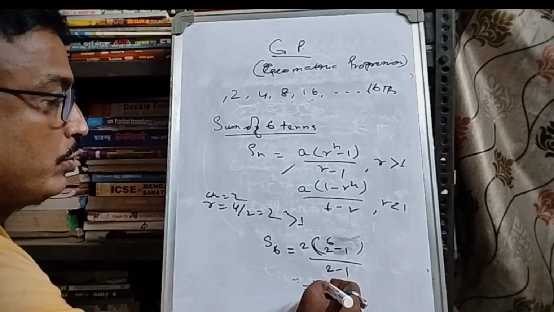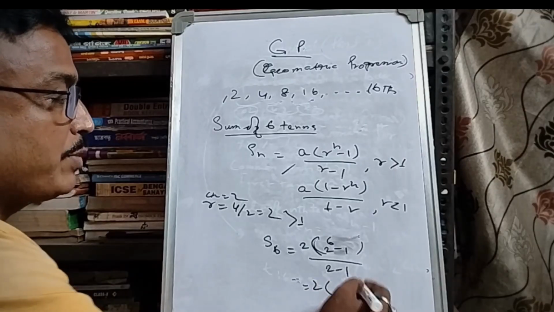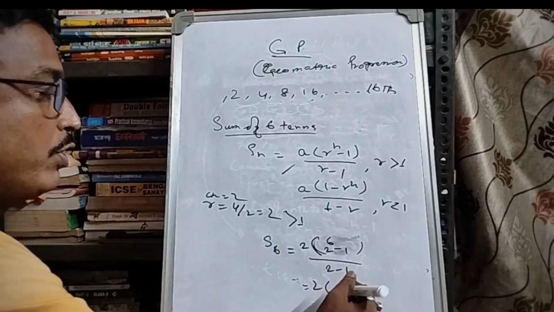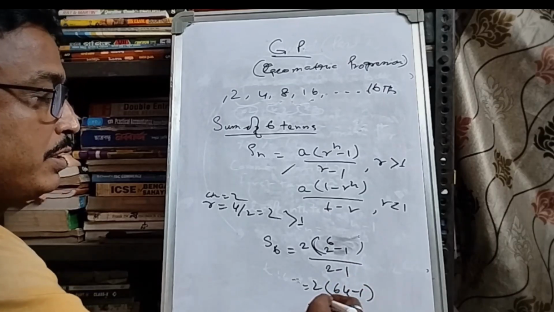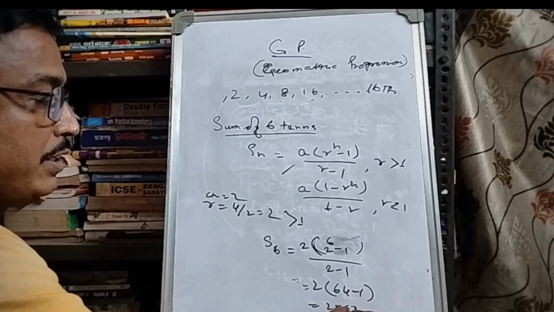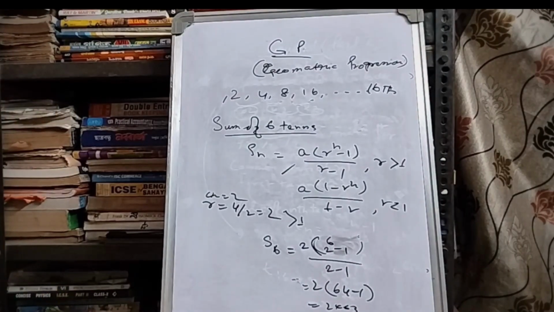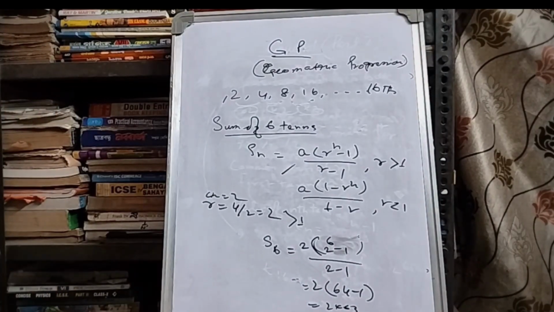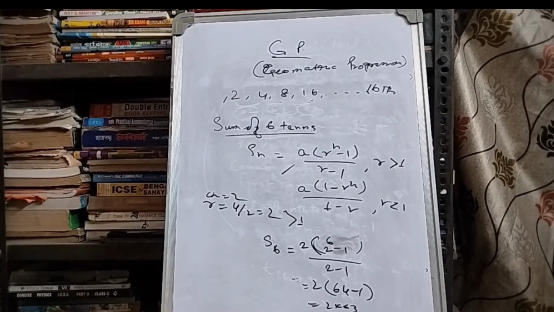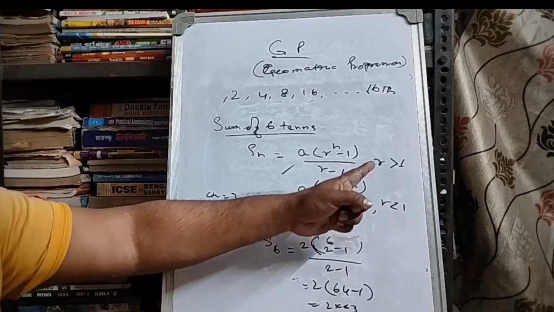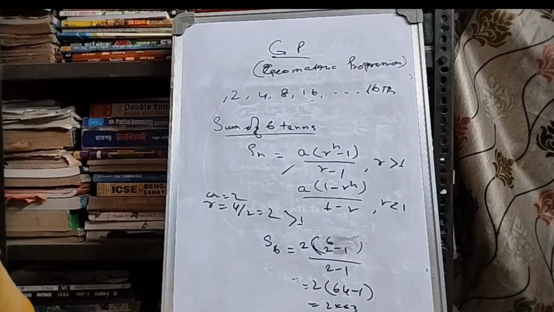So 2 into (2 to the power 6 minus 1), 2 to the 6 is 64, minus 1, 2 into 63, 126 will be the answer. Mind it, remember that when r is greater than 1, this formula is applicable.